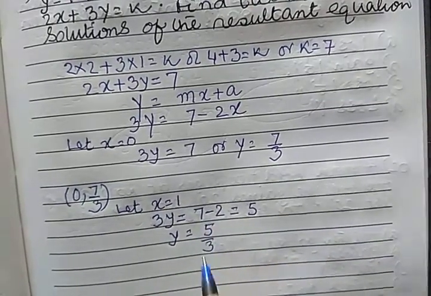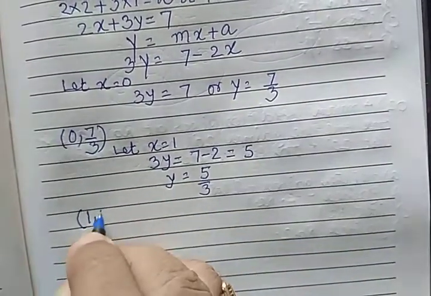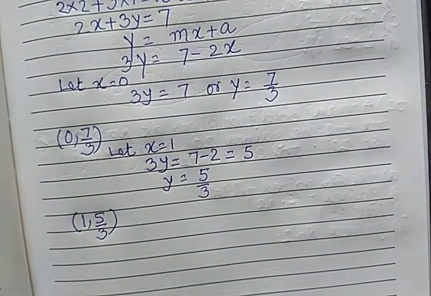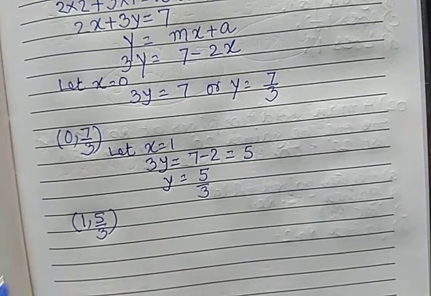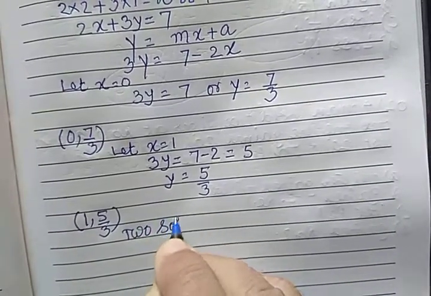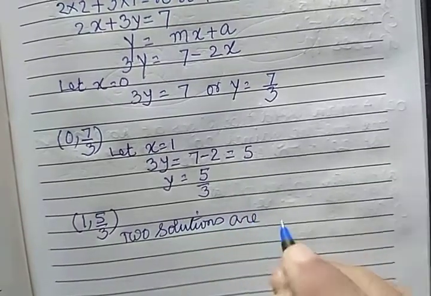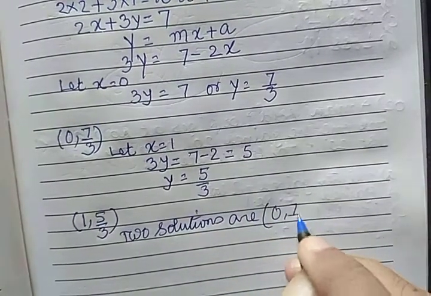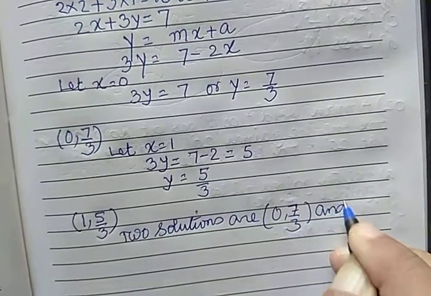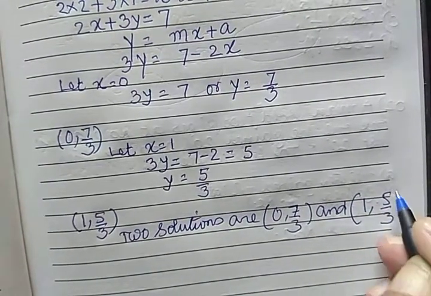So (1, 5/3) is your second solution. So the two solutions are (0, 7/3) and (1, 5/3).